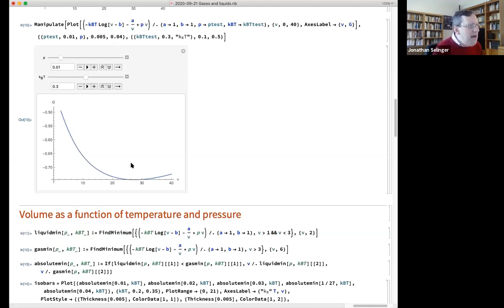Now let's suppose we reduce temperature and see what happens to the volume. I'm going to change the temperature slider and see what happens to the minimum. I'm moving the temperature down, and we can see that the minimum is shifting to a lower volume. That part is kind of like the ideal gas.